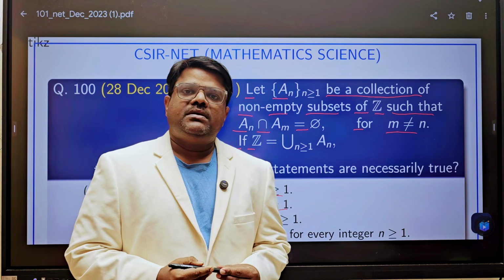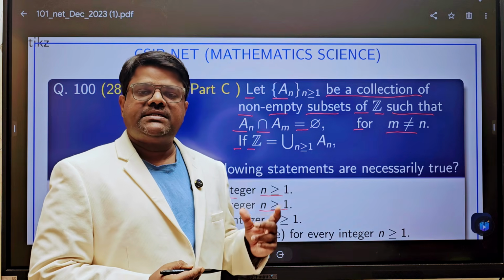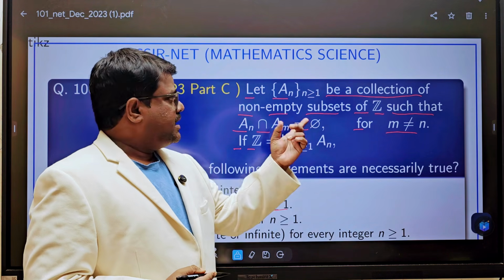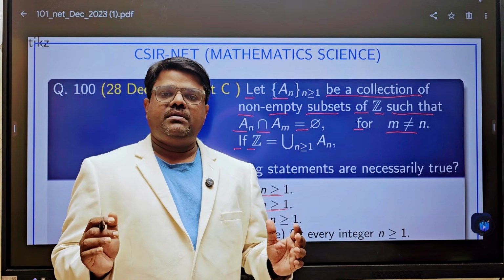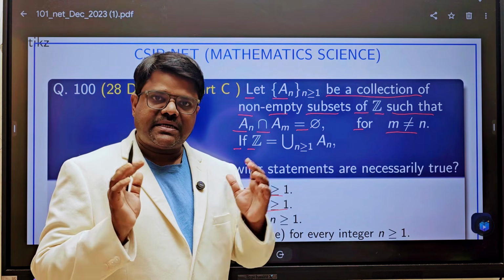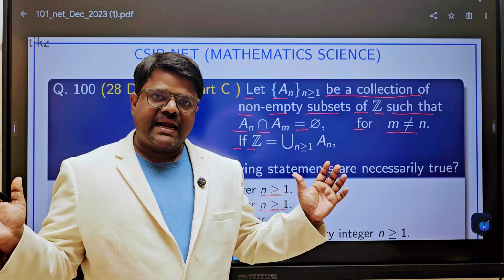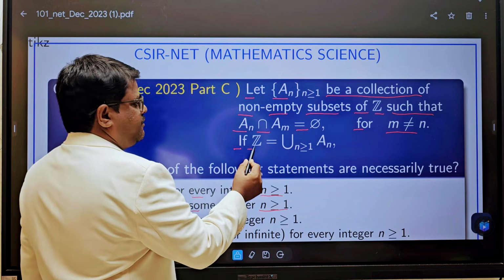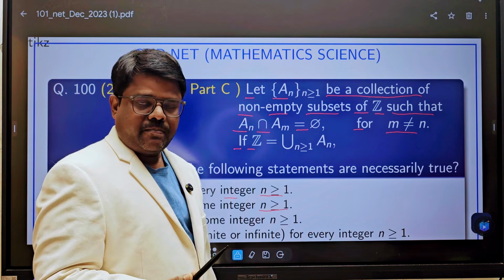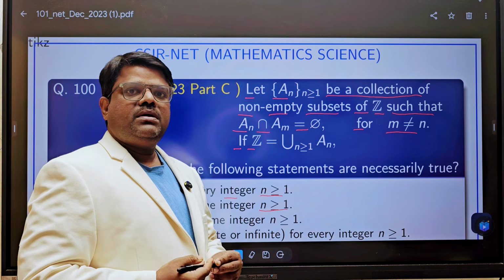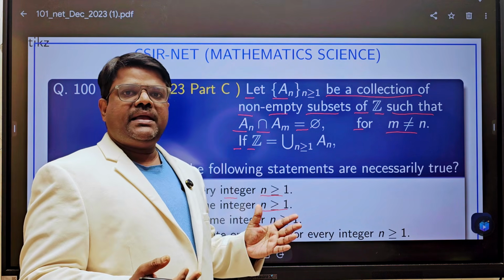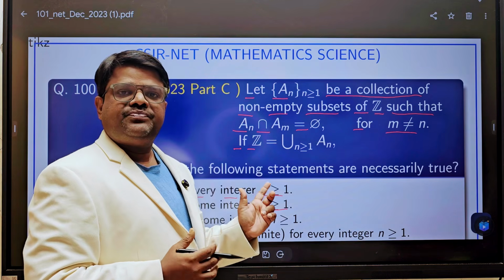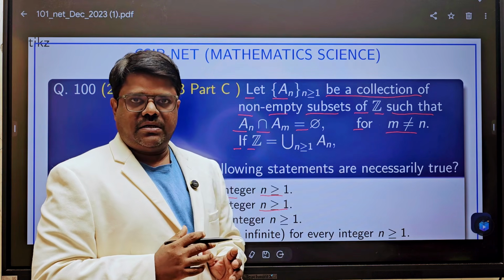So students, first try to understand the question. In the question they are saying it is a collection of subsets. After collecting all the subsets, if you take the union, Z is nothing but the integers. In some books the notation may be capital I, in some books Z, but Z means the set of integers.